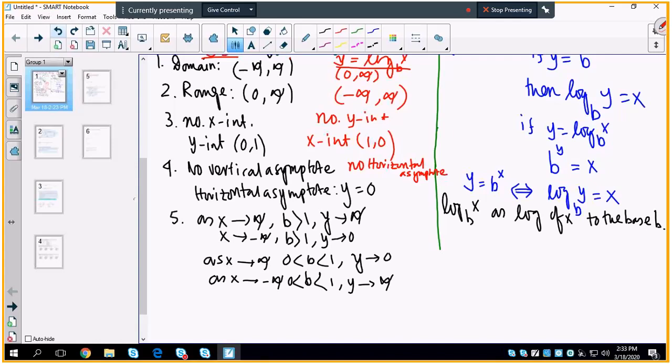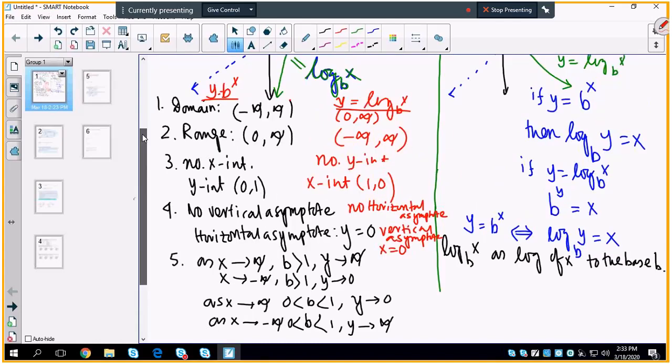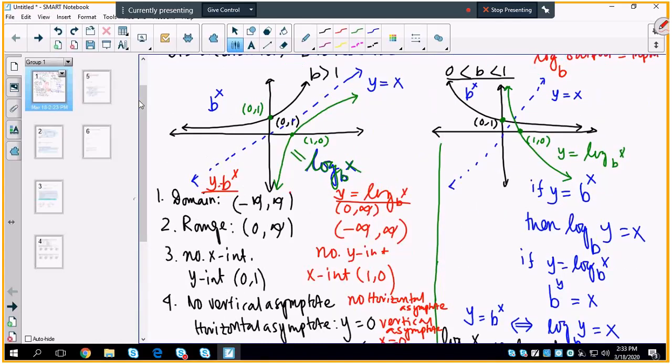So this time it will be a vertical asymptote for the logarithmic function. And the vertical asymptote will be given by x equal to 0. It was y equal to 0, so now it will be x equal to 0. And I can verify that from the graph as well. Look at your functions, the green functions, they are coming closer to the y-axis. One in the downward direction and the other one in the upward direction, but they're coming closer to the y-axis, which is x equal to 0.